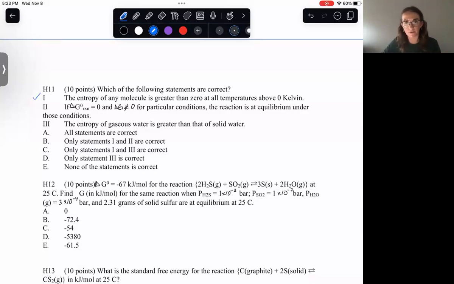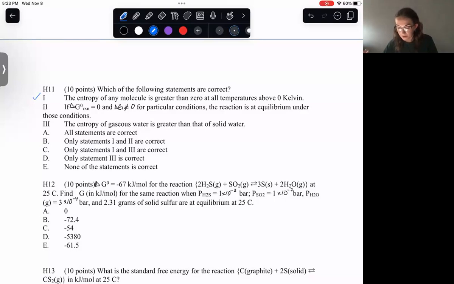And so at any temperature above 0 Kelvin, you will have some sort of molecular motion, whether that's 0.1 Kelvin, they're going to have some sort of little vibrational motion. And as you get higher and higher, that's when you start to get more into liquid or gaseous-like particles. But at absolute 0, nothing is moving. So anything above that will have some sort of kinetic energy, some sort of motion.